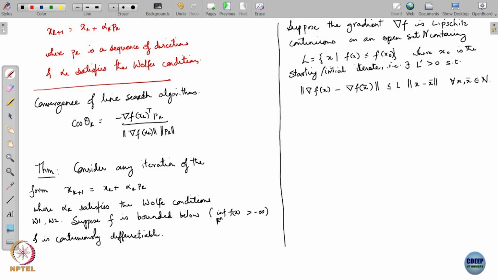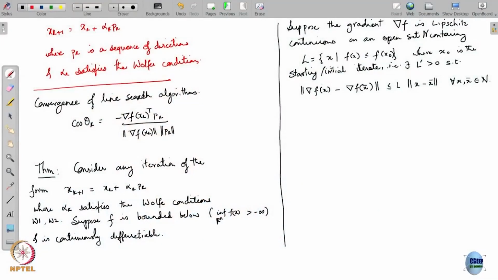L is a level set, which means that from the starting point, you take all the x's that give you a better value than the one you are starting with. The one you are starting with is x_0, and all the x's that give you a lower value than that, that entire region is called the level set. That's your set L. And so, we are assuming that the gradient is Lipschitz on that set.